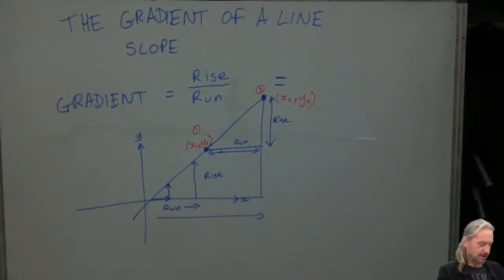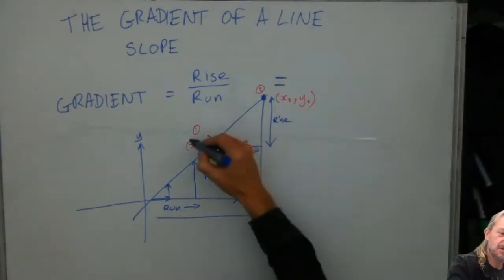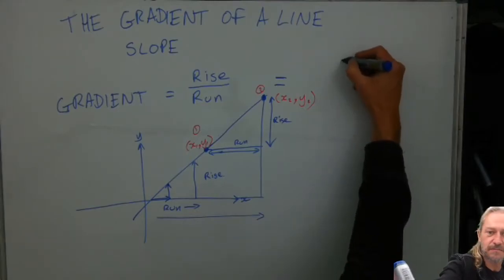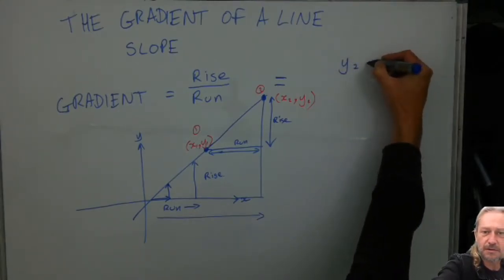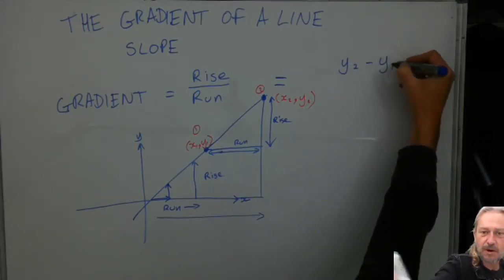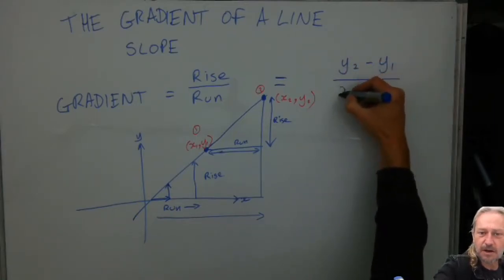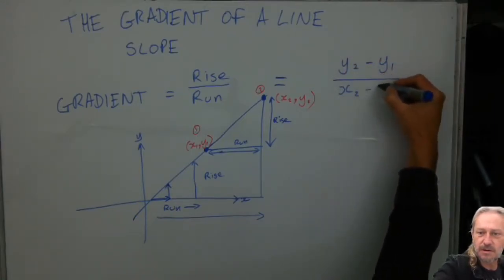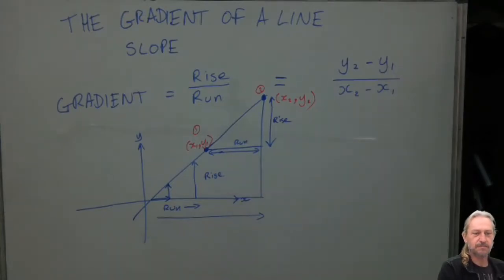So think of it that way. And our formula that we're going to be substituting these values into is y2 take away y1, divided by x2 take away x1.